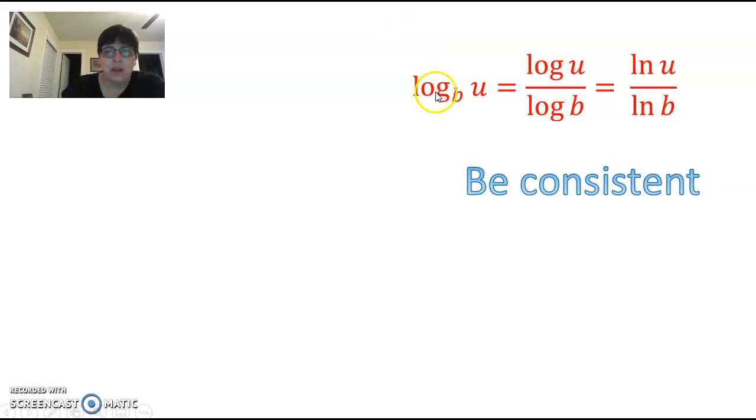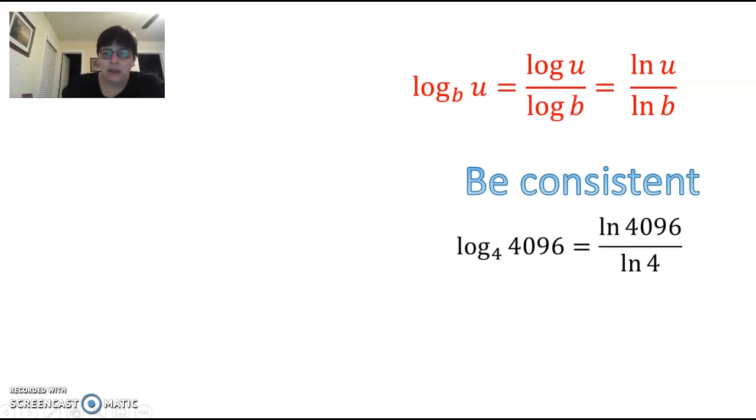Basically, if you have log base b of some function, it's either the log of the function divided by the log of the base, or it's the natural log of the function divided by the natural log of the base. You just have to be consistent, whether it's log base 10 or log base e, natural log.